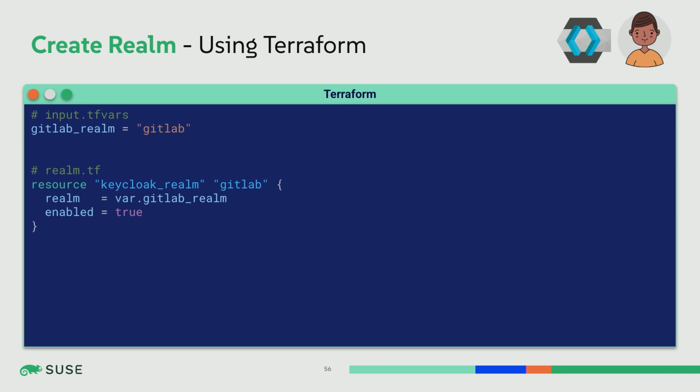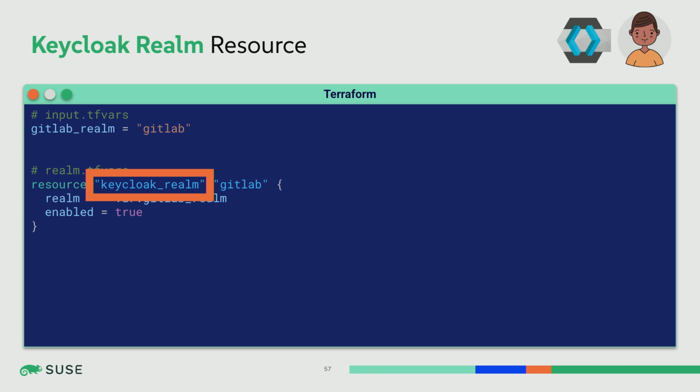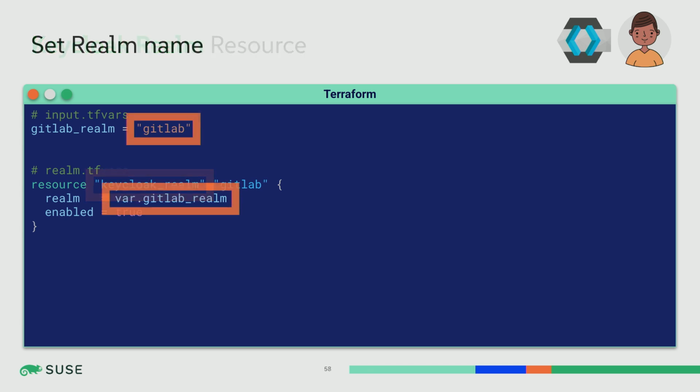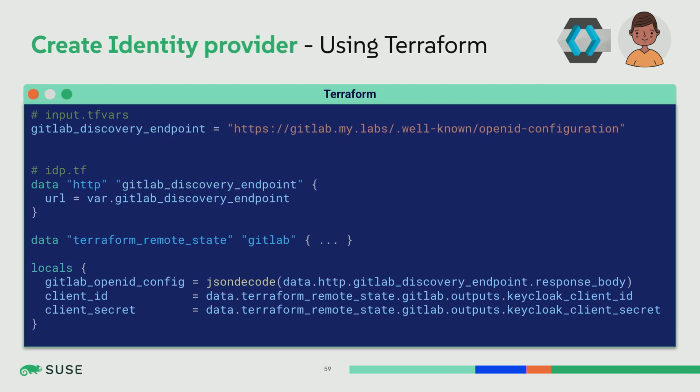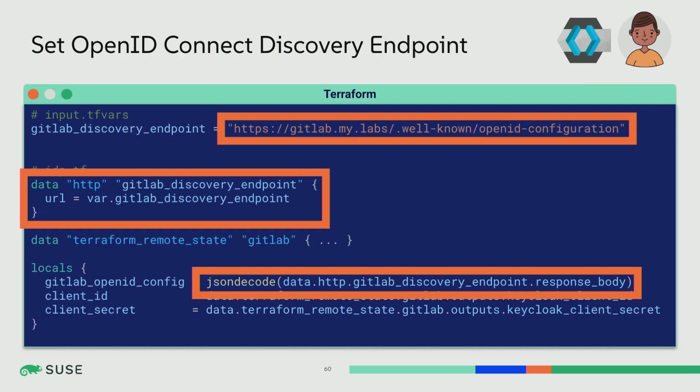First of all, I will create a dedicated realm for GitLab, and I will name it gitlab, using a Keycloak realm resource with the name gitlab.